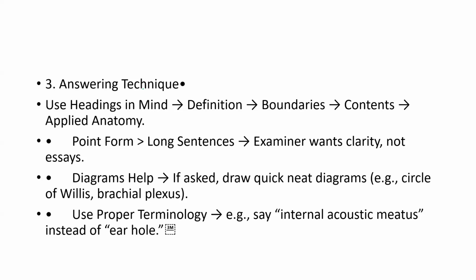If the median nerve is damaged, like that, you can continue your answer. But if you are not confident in the continuation, don't tell false things, then they will catch you.